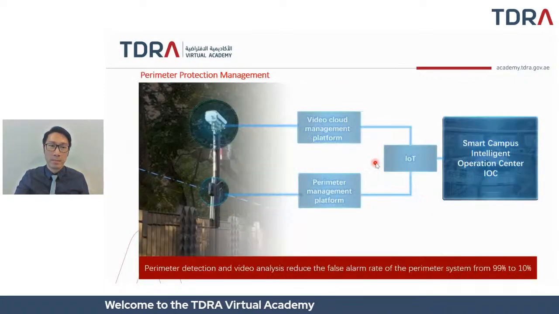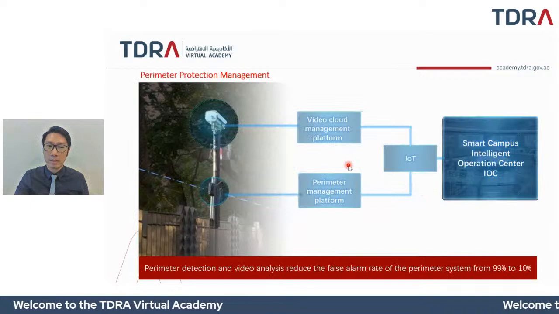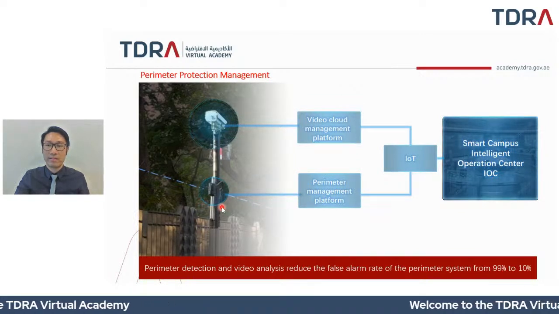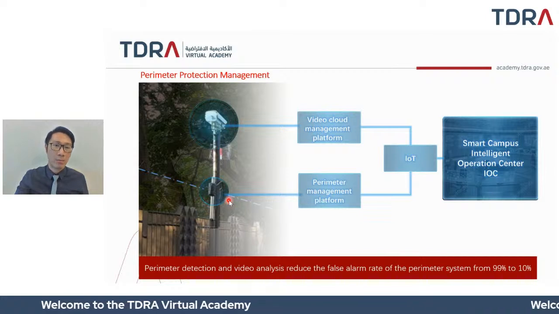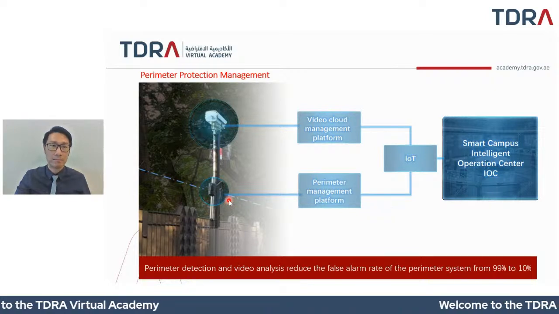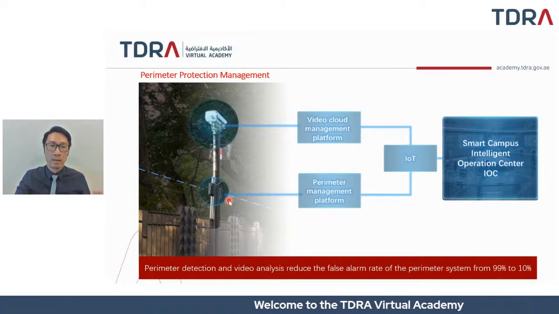And also for the perimeter protections. So sometimes if we use infrared sensors, some sensors to sense the movement, to sense the intruders, sometimes there is a false alarm also. Maybe a cat, maybe some birds alert the sensors.